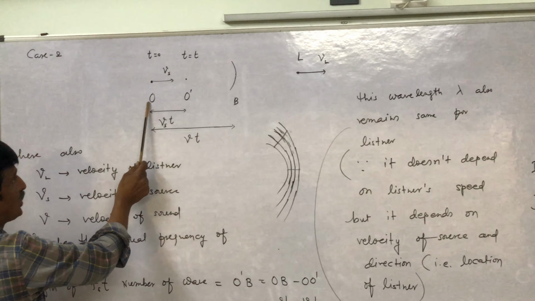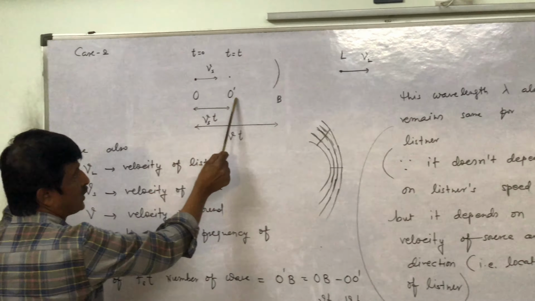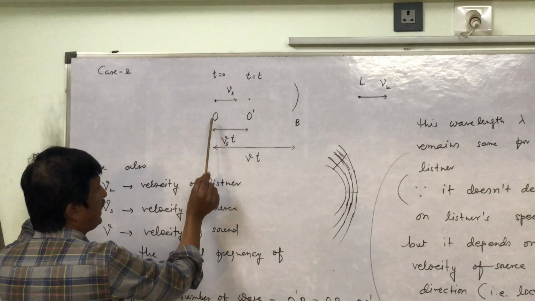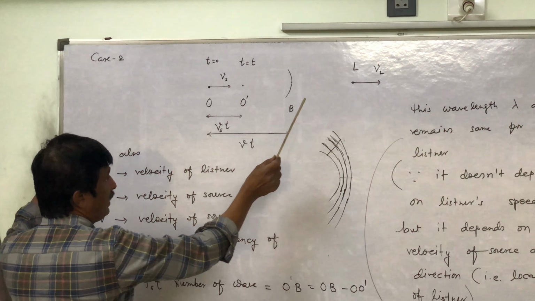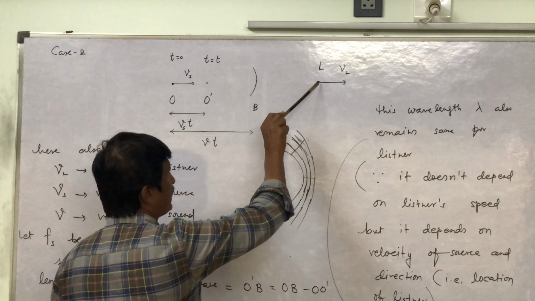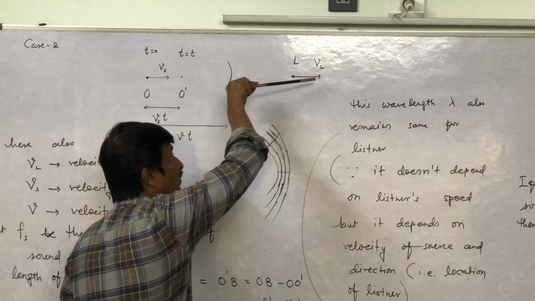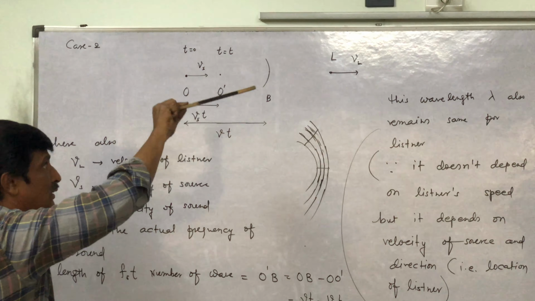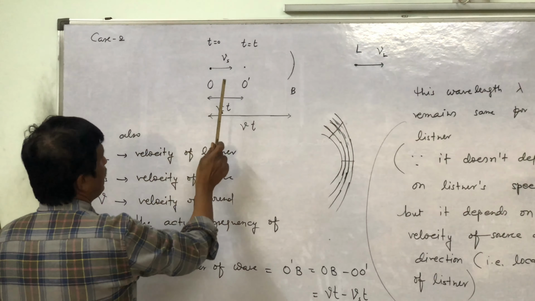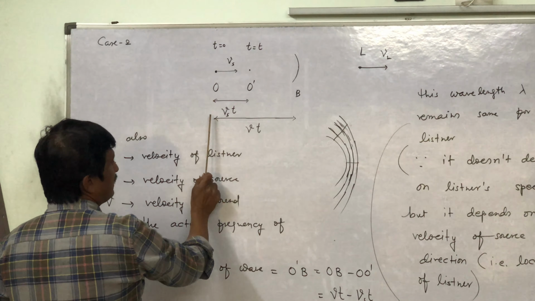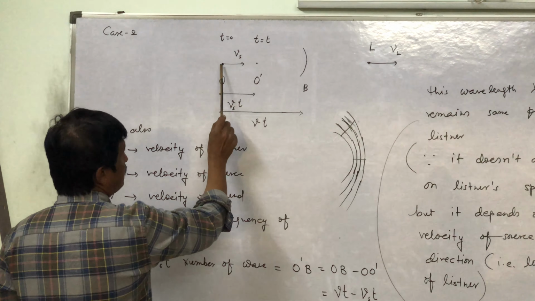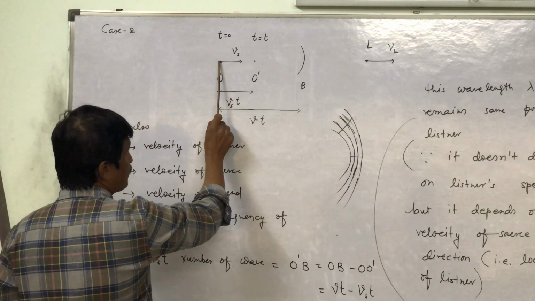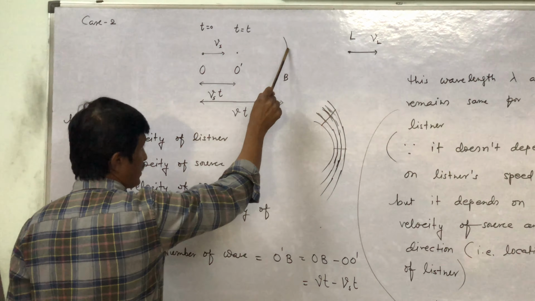Suppose at t equal to 0 the source is here, and at t equal to t the source reaches O dash, that is this one is vst. Now this time the listener is here and it is moving away from the source, this way. Suppose in time interval t, sound reaches this location.